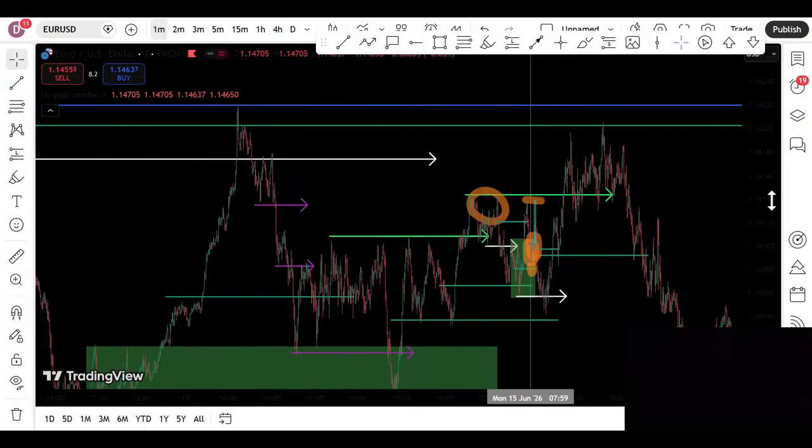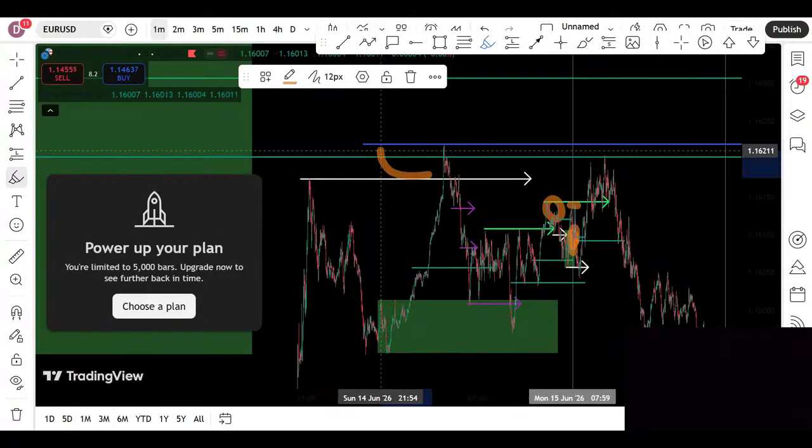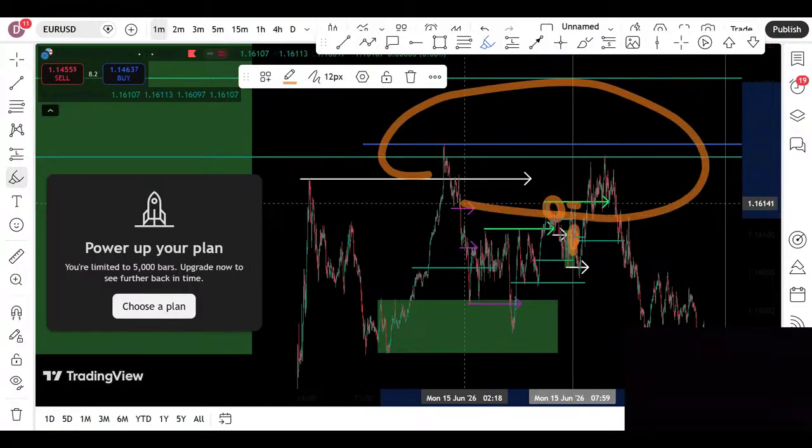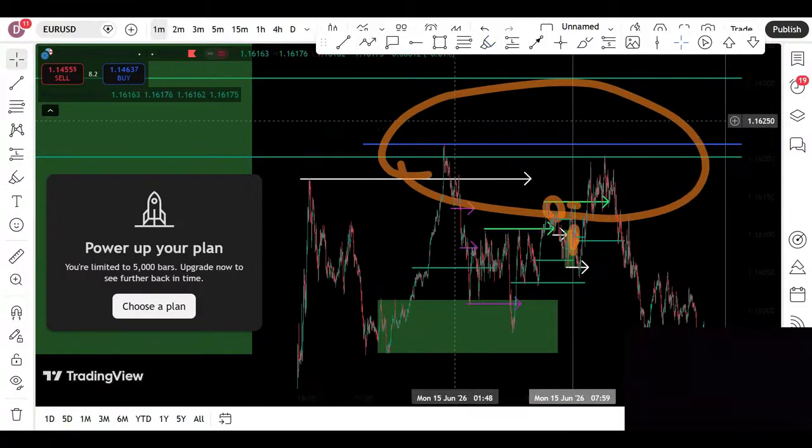So when we are going high, we know that we are on a high time frame area, so we don't expect to hold trades past that.